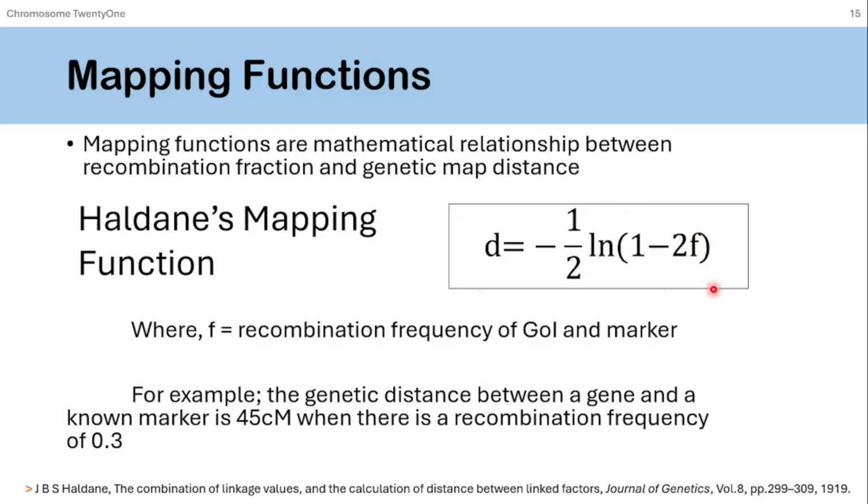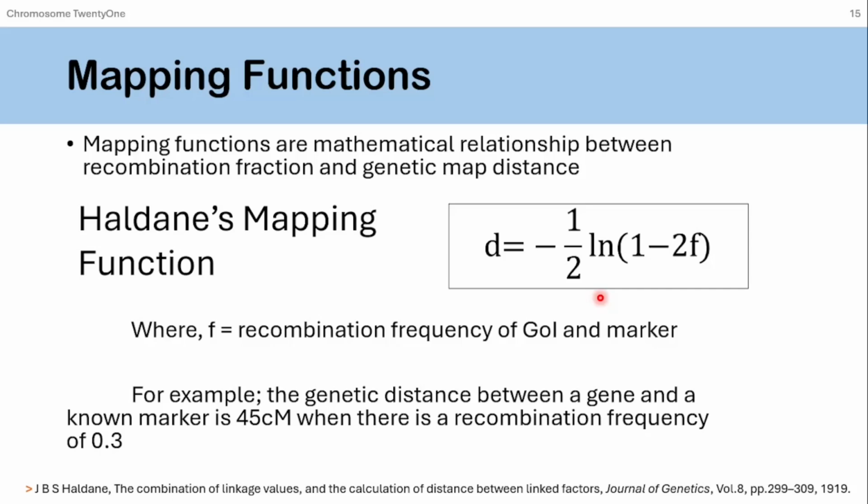Originally, what he observed was that up to 10% genetic recombination you can roughly translate the genetic map into a linear relation, like 1 centimorgan roughly translates to 1% of recombination frequency. But when you move beyond 10%, it reduces.